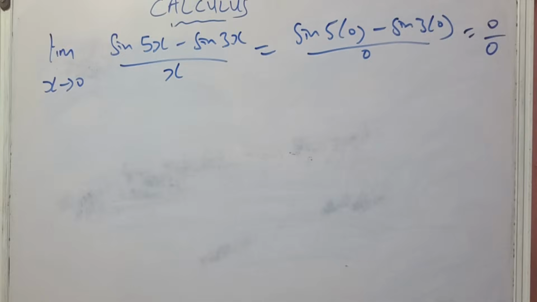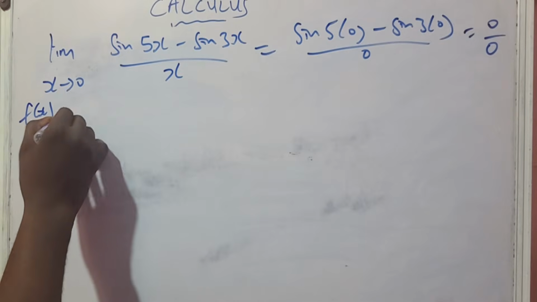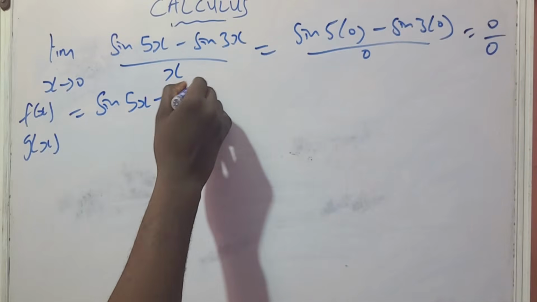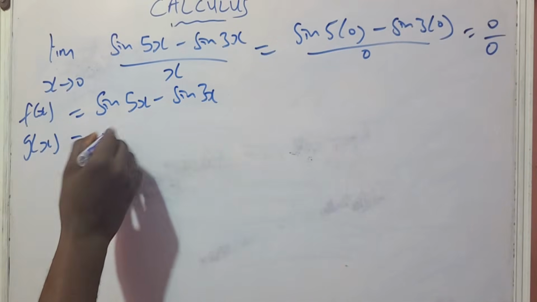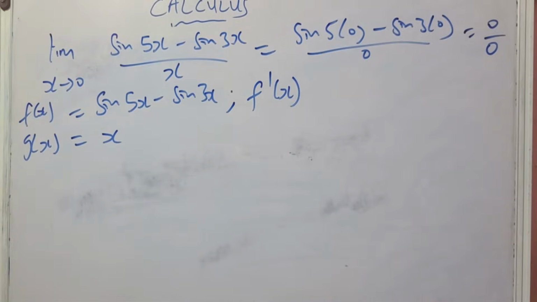How do we use L'Hopital's rule right here? We want to find the derivative of both the numerator and the denominator. This is the numerator right here. This is the denominator right here. So let's try and find the derivative of the numerator. What do you get when trying to find the derivative of this? Now, this is very simple. But again, once you don't have that table I've been talking about, you would find this difficult.